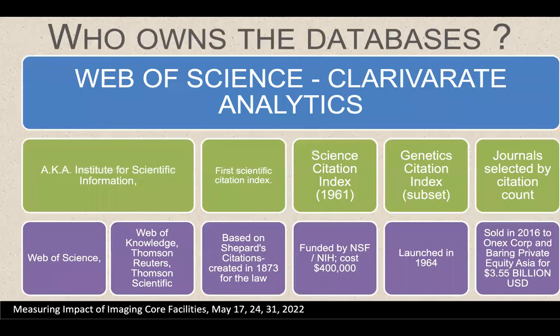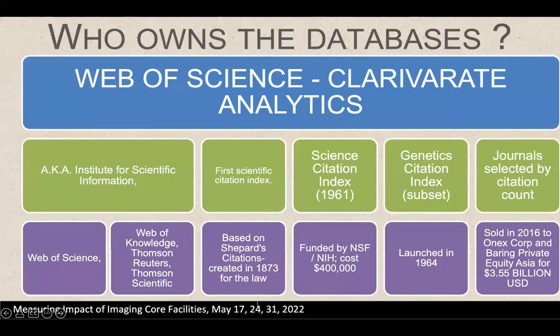So the Web of Science is from Clarivate Analytics. It used to be the Institute for Scientific Information. It was the first citation index, created in 1961. There are lots of other indexes, like the Genetic Citation Index, which is a subset. So you have, of course, Web of Science, Web of Knowledge, Thomson Reuters, Thomson Scientific.